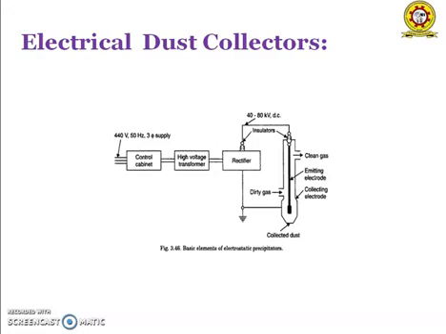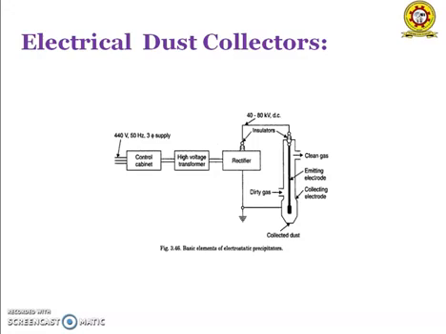The electrostatic precipitator is costly but has low maintenance and is frequently employed with pulverized coal-fired power stations, and its effectiveness for fine ash particles is superior to that of other types.